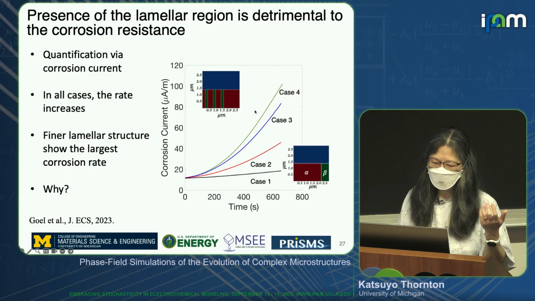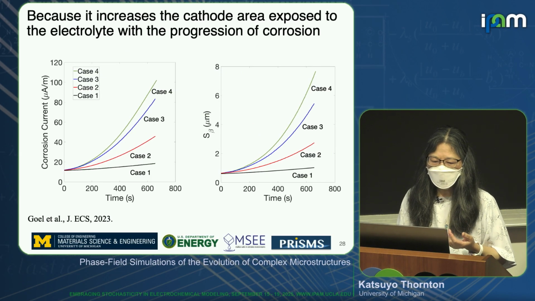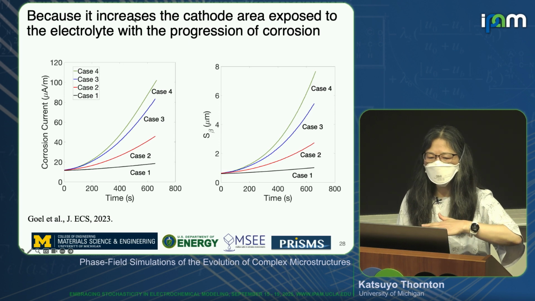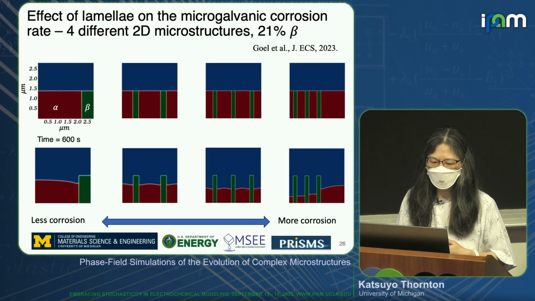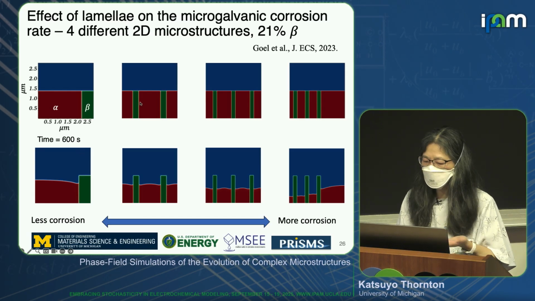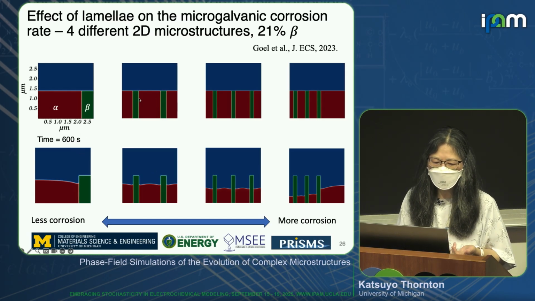So the question is why? And that's because as the corrosion occurs, the cathode area gets exposed more and more. So as I go back here, I probably should have had a video here. But as this one corrodes a little bit, this much surface area gets exposed, right?